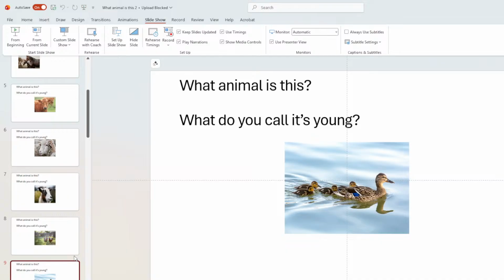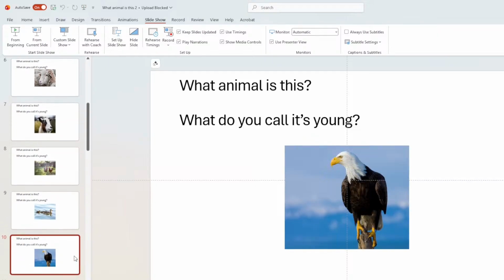That's a duckling. D-U-C-K-L-I-N-G. Duckling. That's the young one of a duck. Okay?